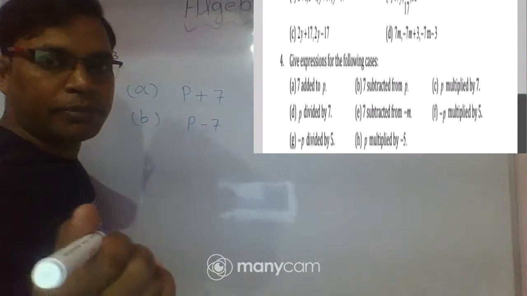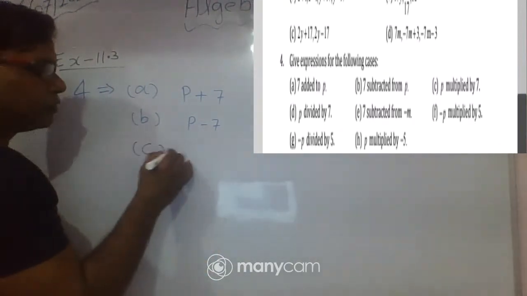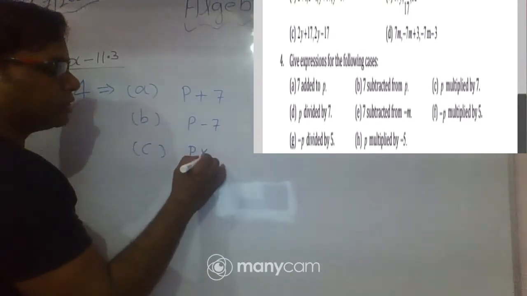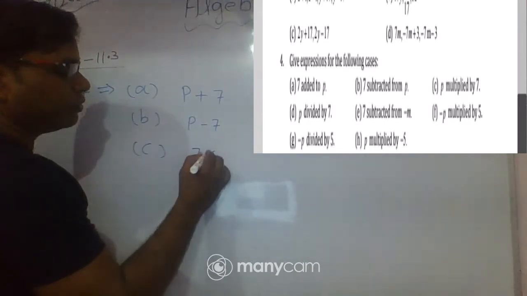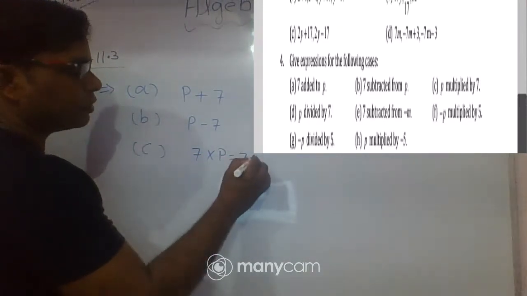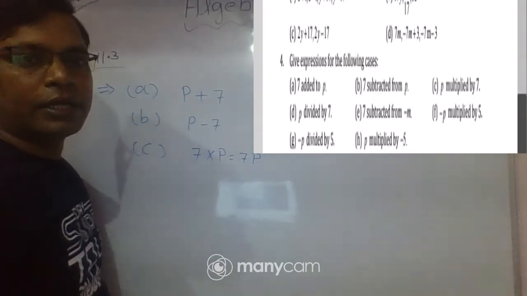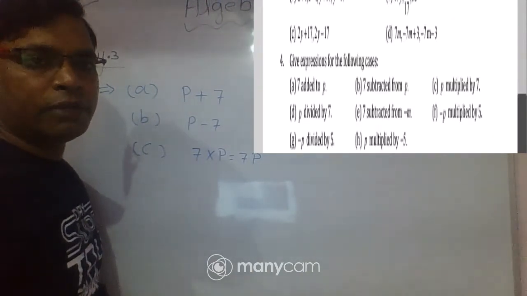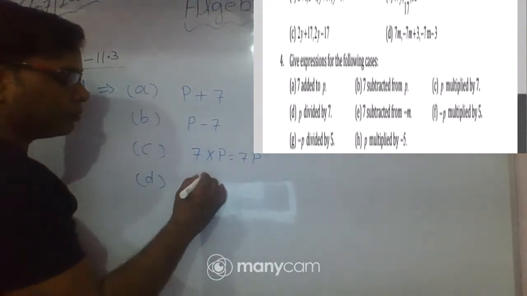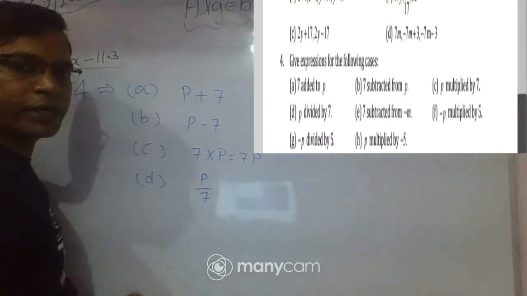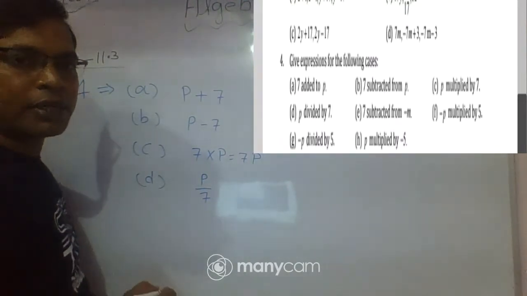Okay. C part is given p multiplied by 7. So p multiplied by 7 means 7 into p, which is 7p. Okay. D part, p divided by 7. Okay. E part, 7 subtracted from minus m.